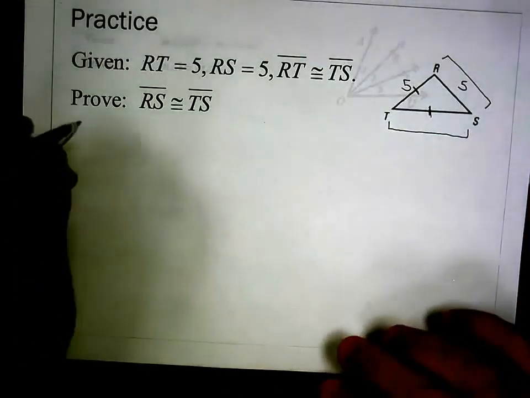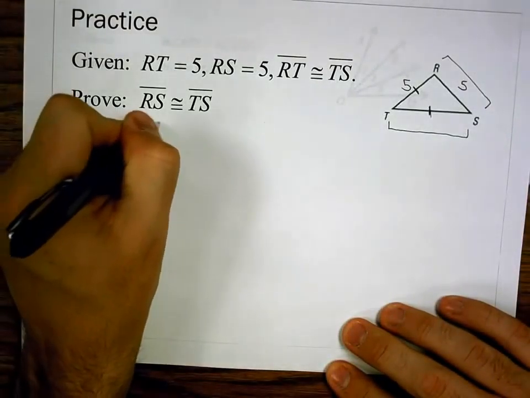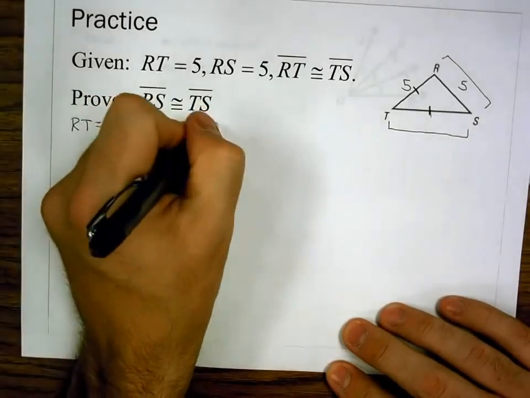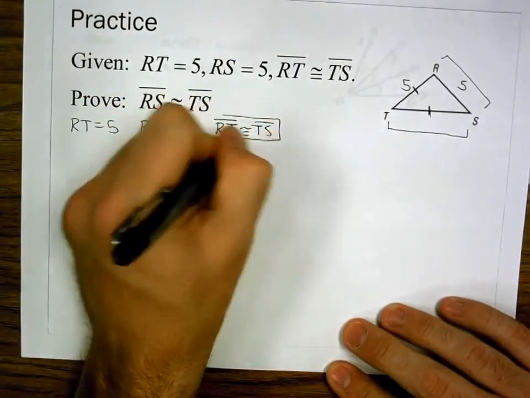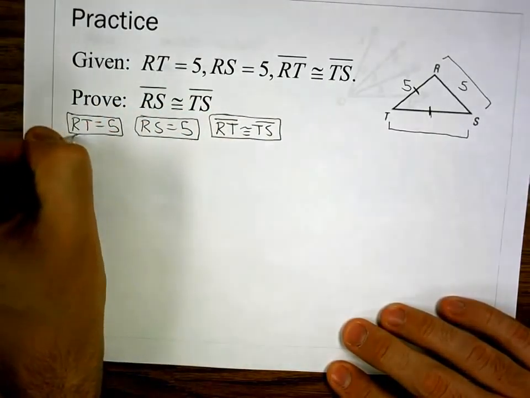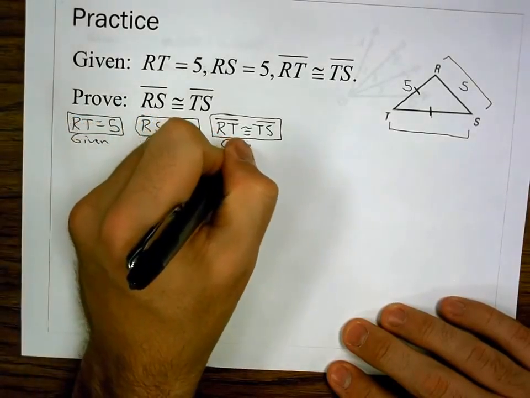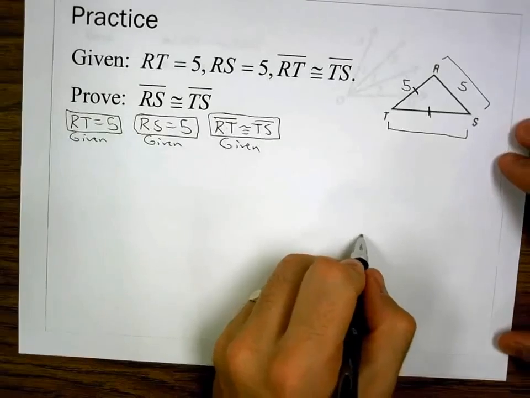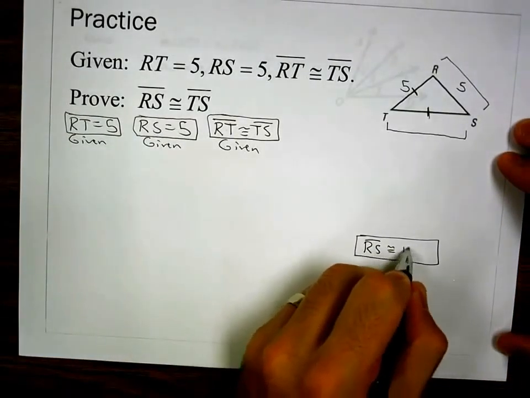So let's start with stating what we know. RT equals 5, RS equals 5, RT is congruent to TS. Our reason for those is they're all given. What we want to get to is RS congruent to TS.